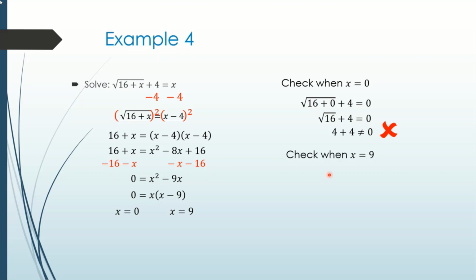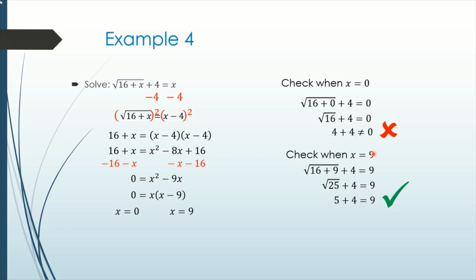So if I plug in 9, I have 16 plus 9 and then 9 over here. So 16 plus 9 is 25. So that's the square root of 25. The square root of 25 is 5. So 5 plus 4 equals 9. 9 equals 9. That is true.